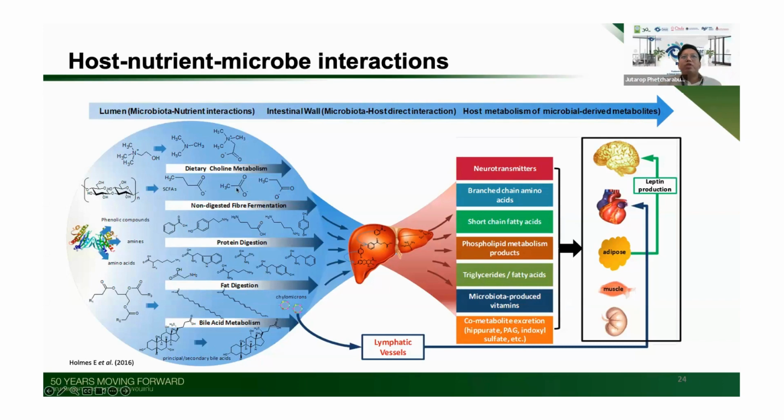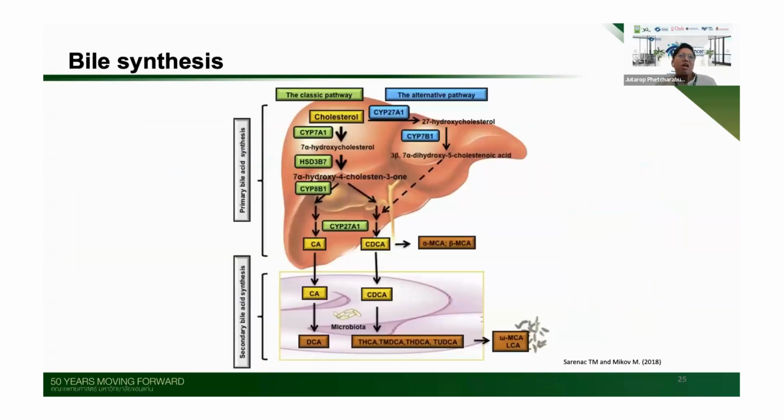These include dietary choline metabolism, non-digested fiber fermentation, protein digestion, fat digestion, and bile acid metabolism. All of these generate bioactive or functional metabolites that can play key roles in many organs and regulate the functions of the organs as well.